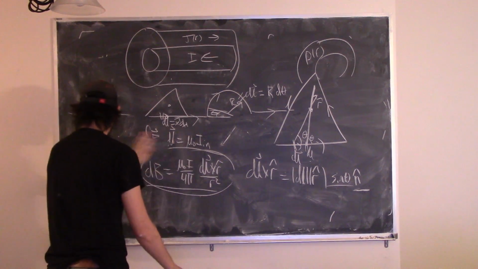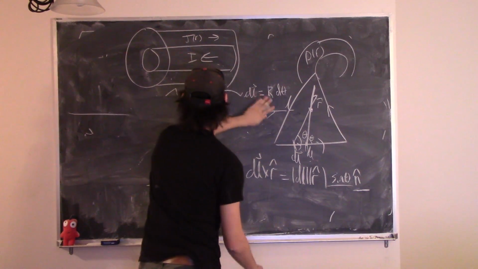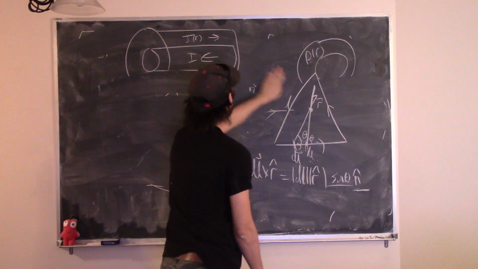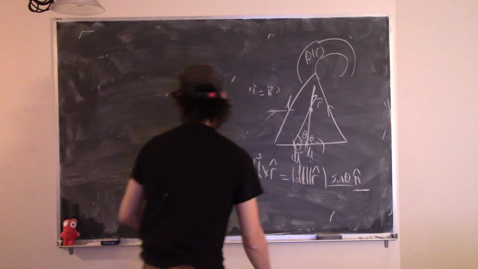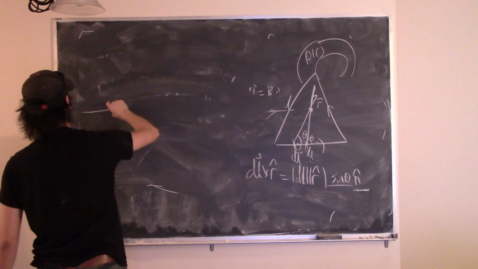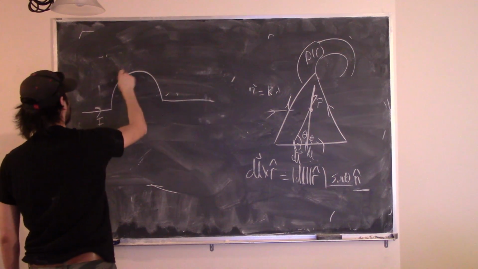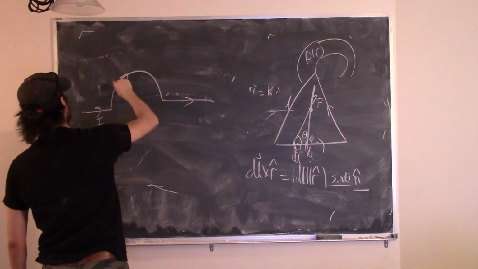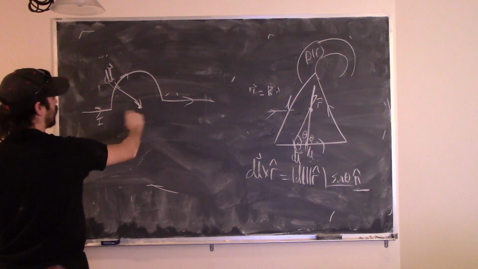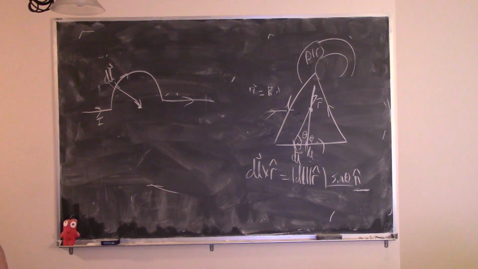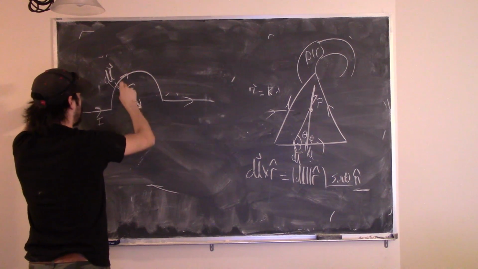But when we do this with arcs of circles, and part of the reason why I say that some of the things I might ask are a little bit easier, if it turns out, and I'm not going to tell you definitely, that I do an arc like this, well, what's nice about this is, if this is dl, r hat by definition, if I want to find what the magnetic field is at the center of this half circle, r hat points from dl to the point of observation.